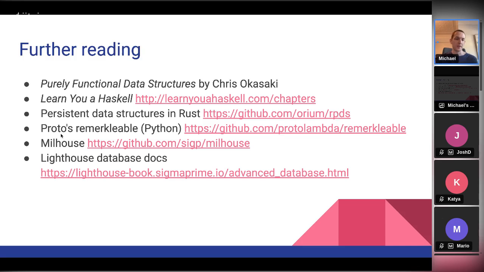Protolambda, who works at Optimism now but used to work on L1, also has a Python library, which was a bit of an inspiration for Milhouse, which is our library. It works in a very similar way, just adapted to Python. And if you want to learn more about the Lighthouse tree states on disk, we have docs about that in the Lighthouse book. Thank you.